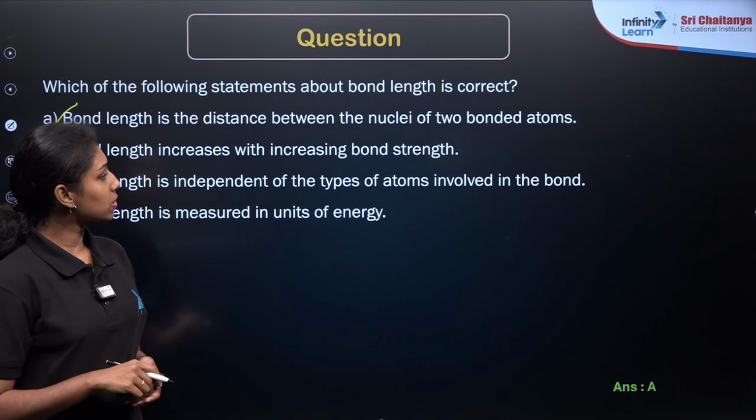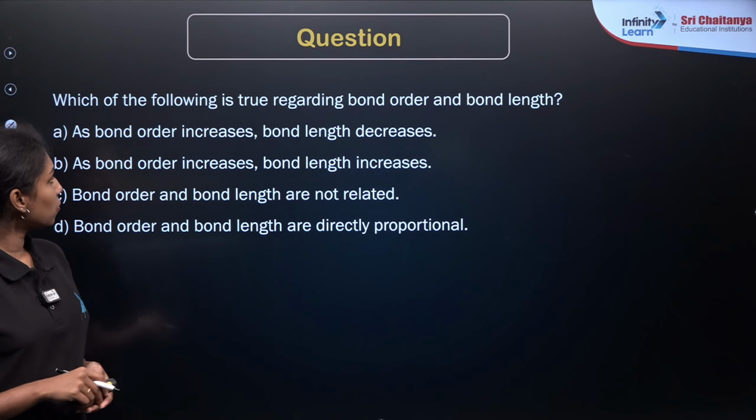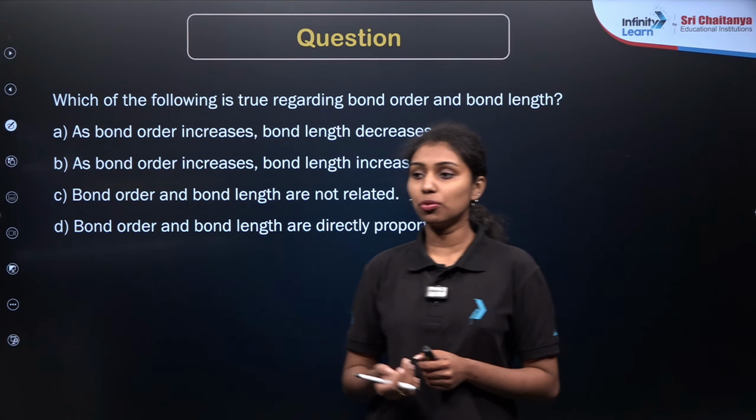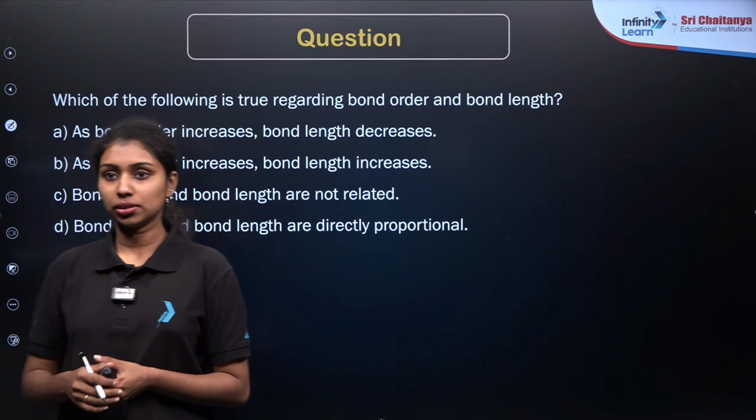Now we are moving to the next question. Which of the following is true regarding the bond order and bond length? How are bond order and bond length related to each other?